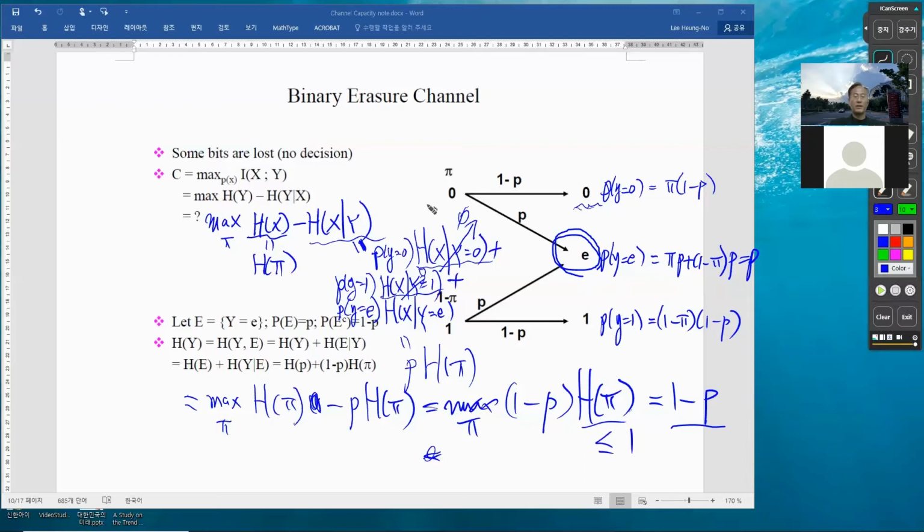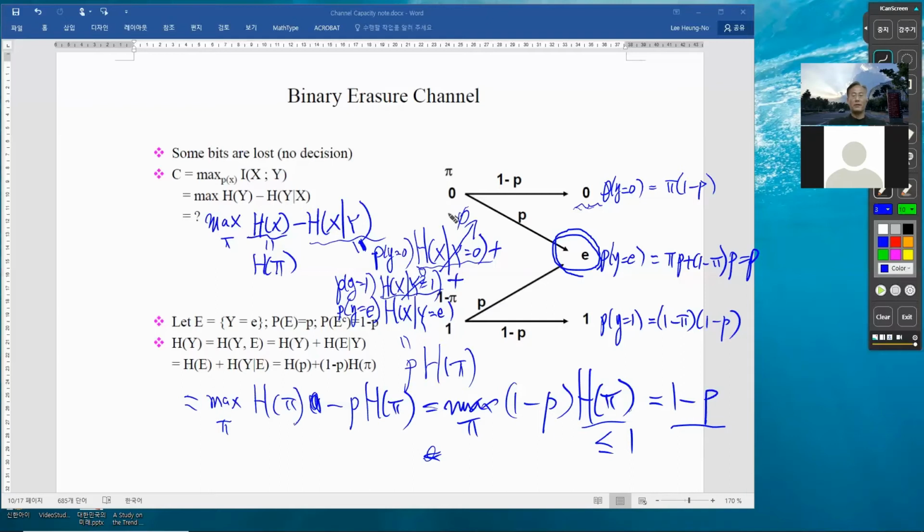That cannot be recovered. So the capacity is the total information that you send at the transmitter minus the amount of information that you lost sending information across the channel.